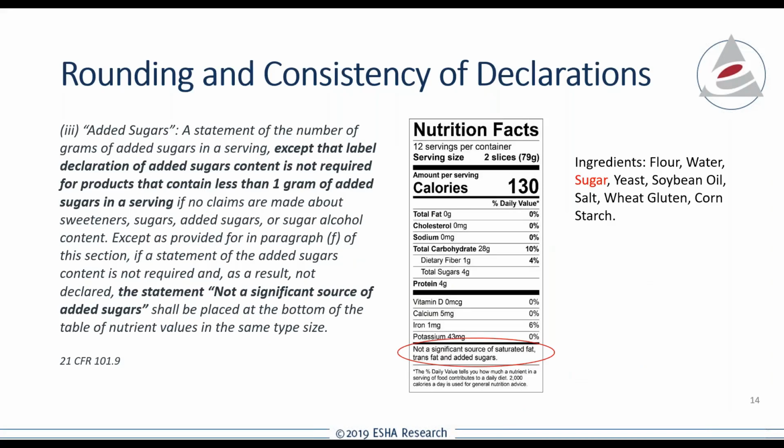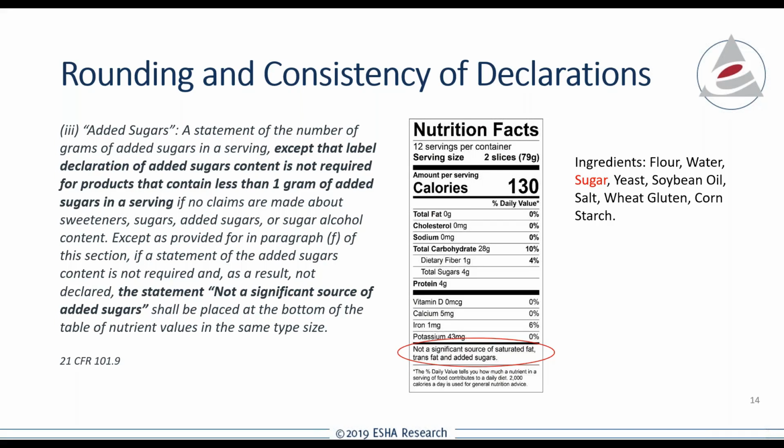So to discuss declaring minimal amounts of added sugars a bit more, what if your finished product contains a small amount of sugar that would report as 0 on your label, but you need to declare the sugars by name in the ingredient list? So we've heard concern for misleading or confusing consumers by stating 0 added sugars when clearly the product contains sugar ingredients.